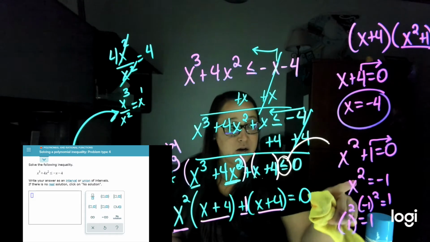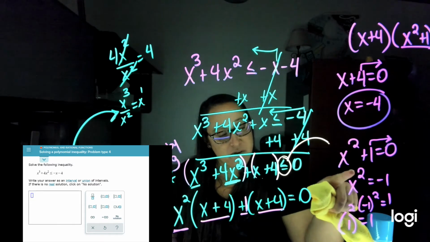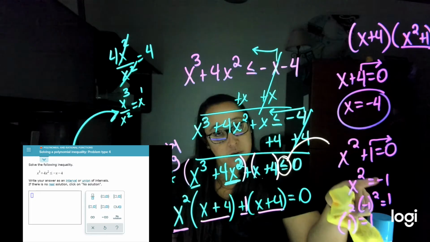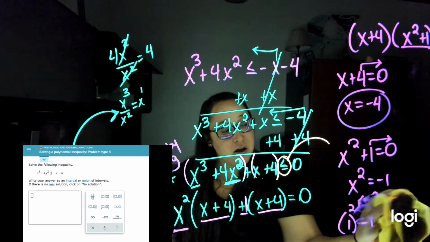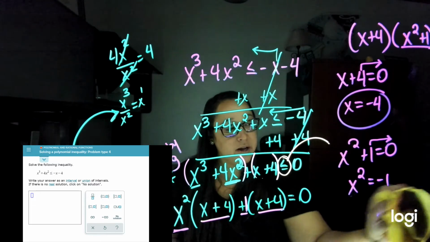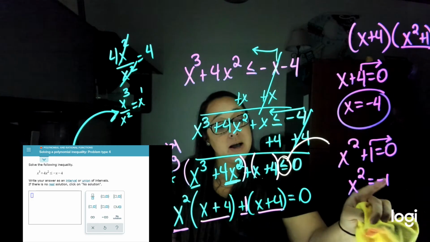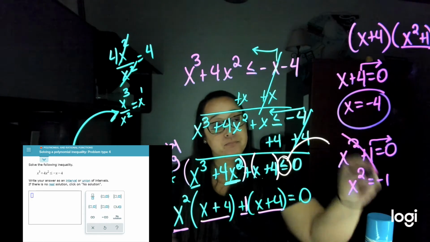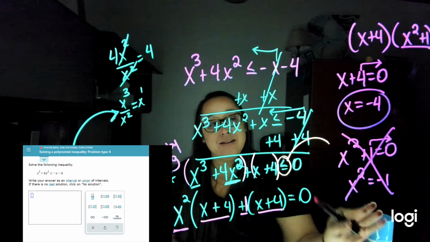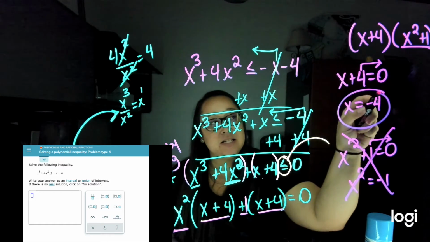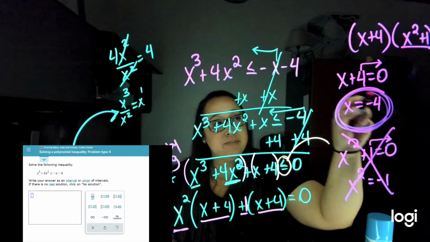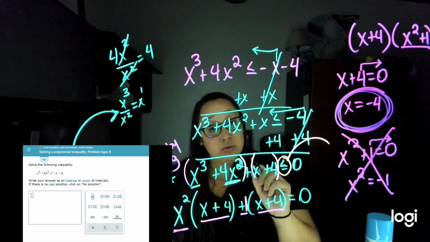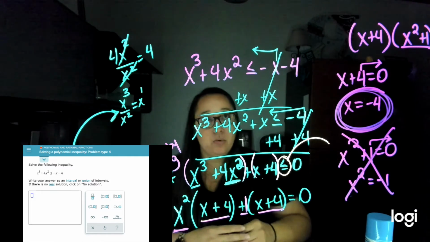It doesn't matter if I square a positive number or if I square a negative number, my output will always be positive. So it is not possible for me to square a real number and get a negative number. So that is not helpful for us. This negative 4 right here is my only real 0 for this polynomial equation.